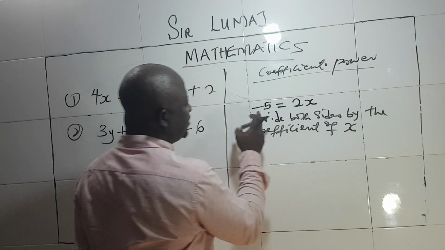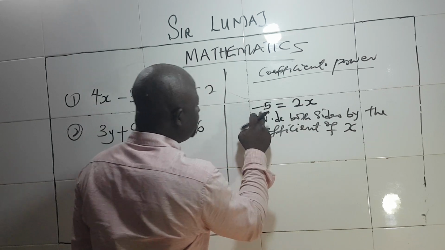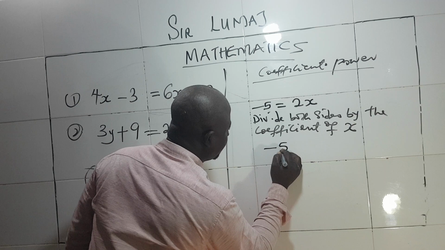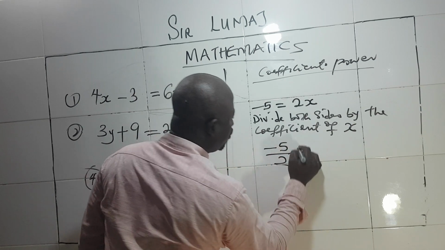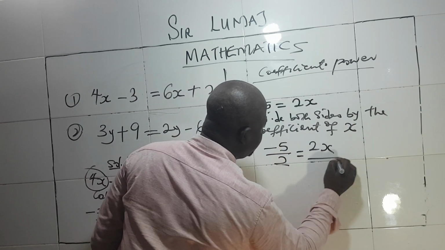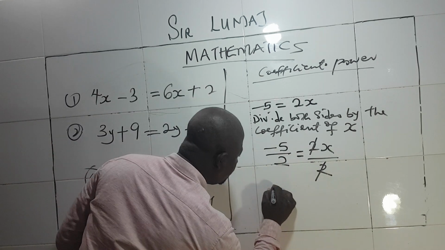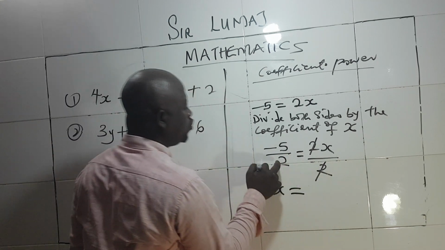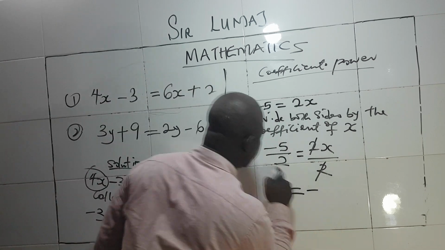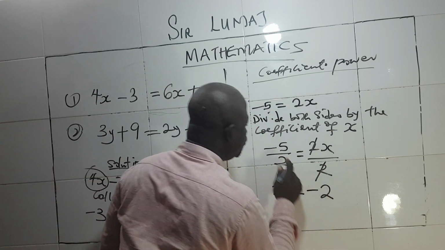What is the coefficient of x in this equation? It's 2. So it means that you divide minus 5 by 2. Then you also divide 2x by 2. This cancels out this. So you have your x is equal to, how many 2 can you find in 5? That is minus 2 raised to power what?